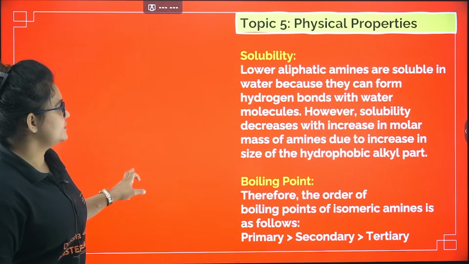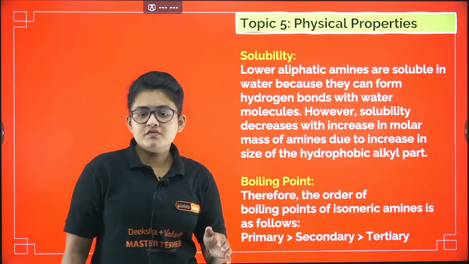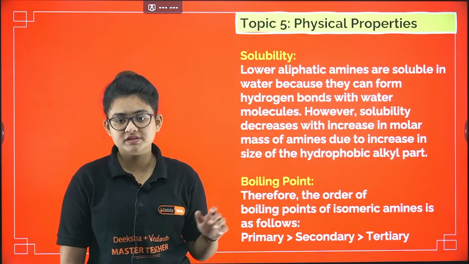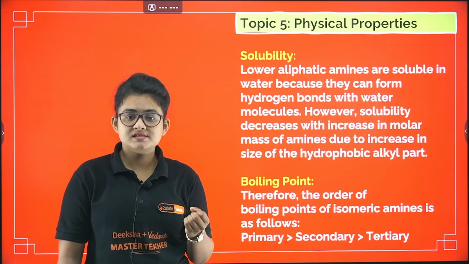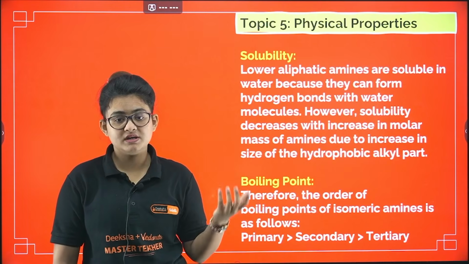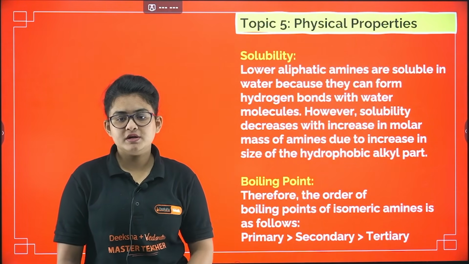Let's proceed with the physical properties. First comes solubility. So lower aliphatic amines are nicely soluble in water because they can form hydrogen bond with the water molecule, but as the molar mass of the amines increases, hydrophobicity increases and it becomes less soluble in water. Now let's come to the boiling point.